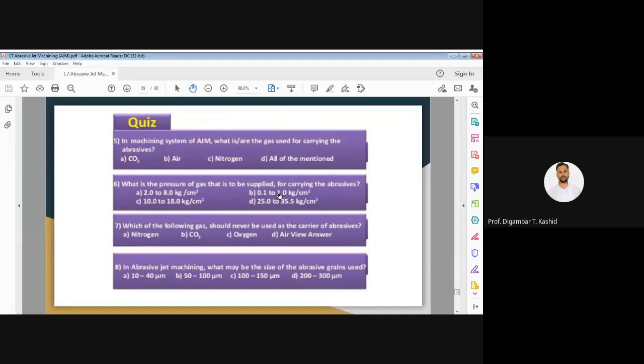Again, it is not a constant. It will vary with respect to the type of workpiece. Then, which of the following gases should never be used as a carrier of abrasive? Nitrogen, CO2, oxygen, and air.